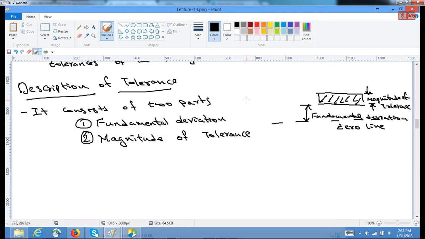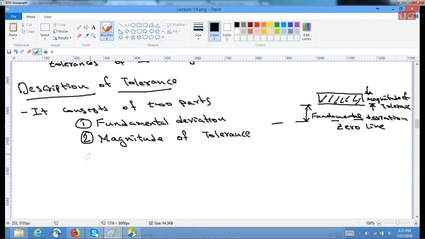So from the zero line, what is the fundamental deviation and what is the magnitude from the fundamental deviation that is allowed. If you mention these two, then you can completely describe the tolerance.